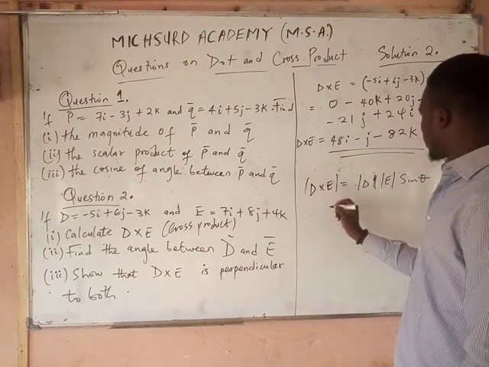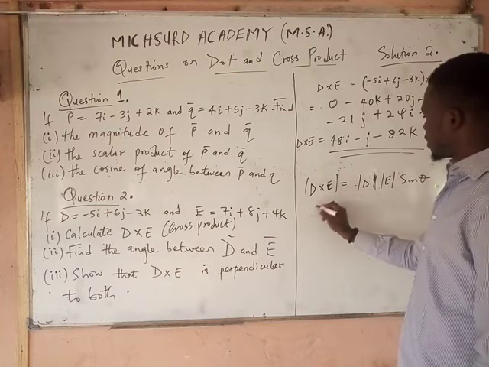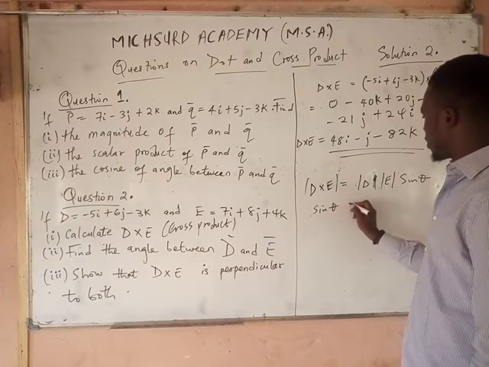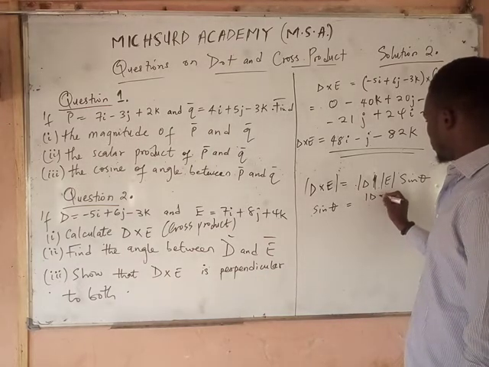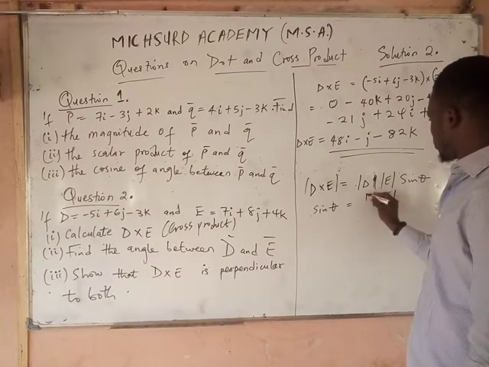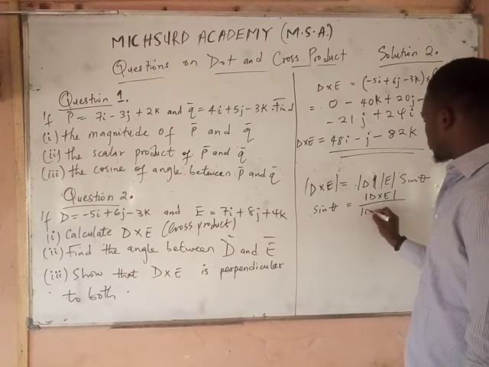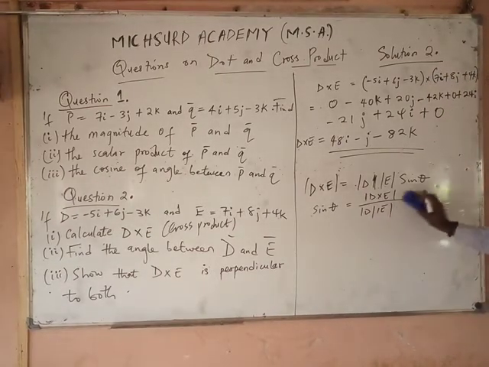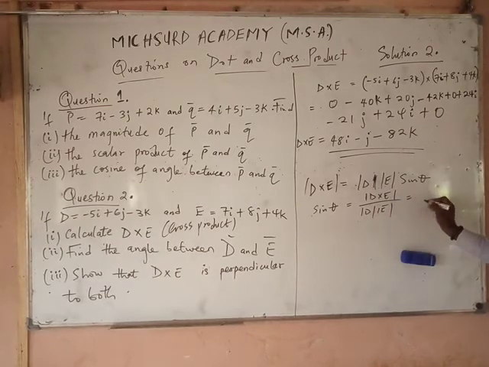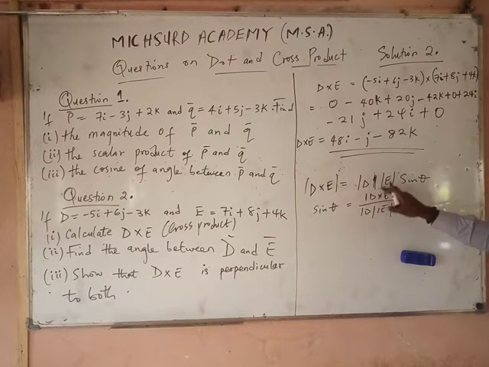So if you make sine theta the subject of the formula, you are going to have D cross E all over the magnitude of D and E.